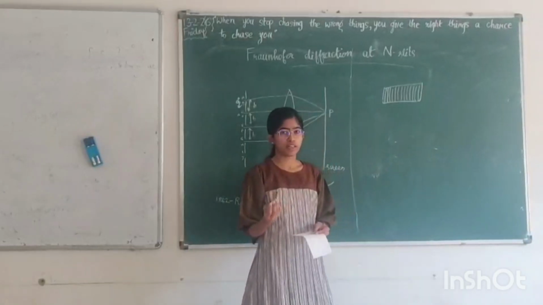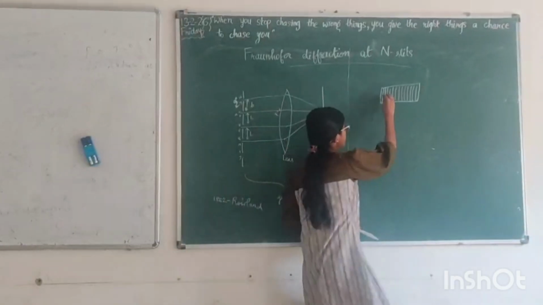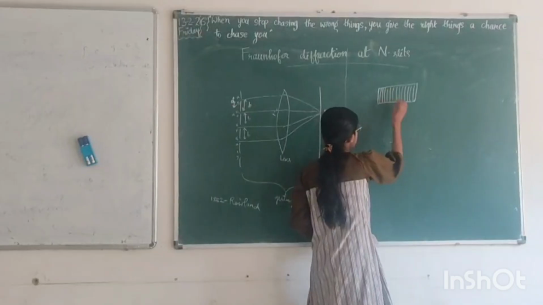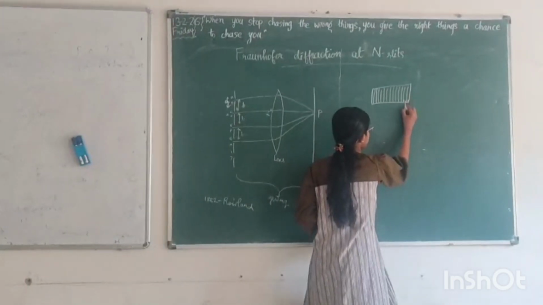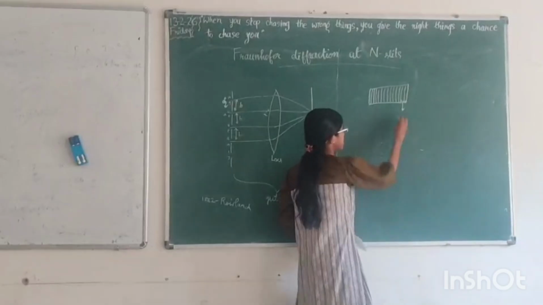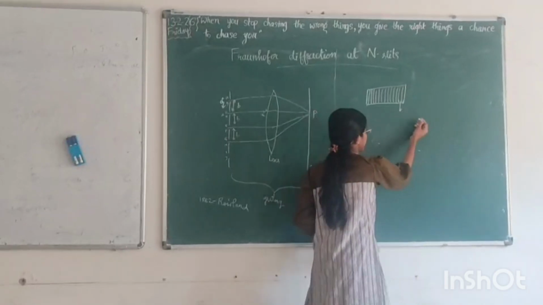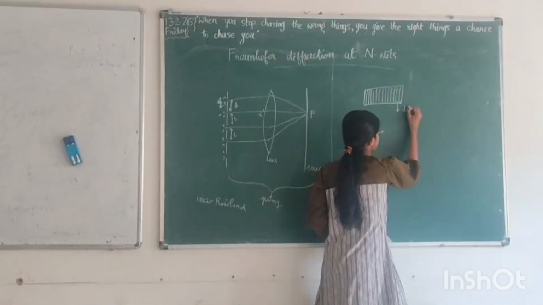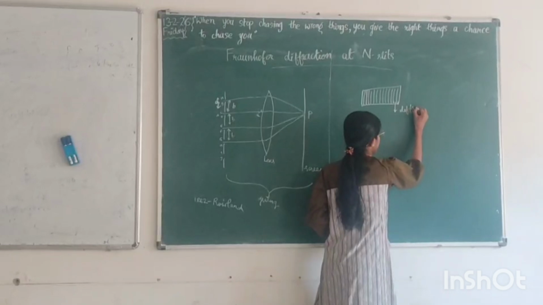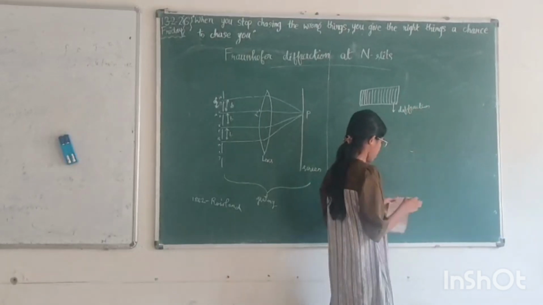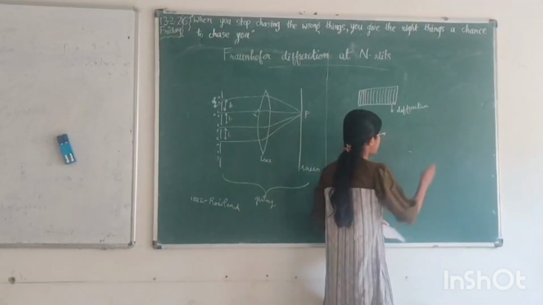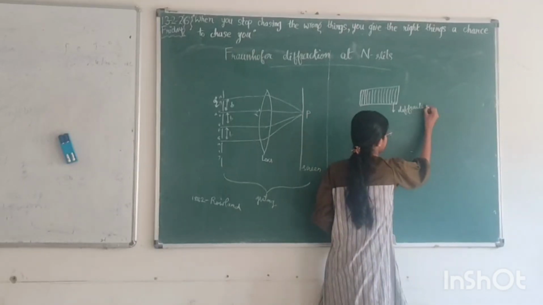With a diamond-pointed pen. The distance between any two consecutive parallel lines will act as the diffraction region, or diffracting space.